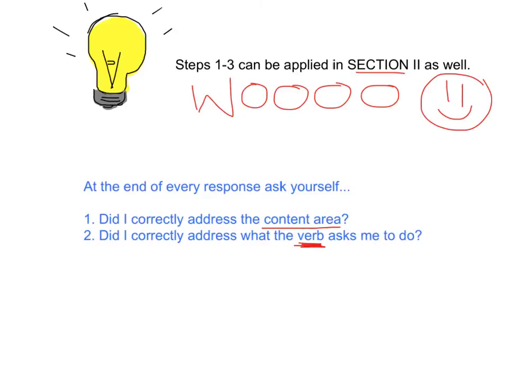Did I address it, or did I go off into another frame that is not particularly relevant to what the question is asking? And secondly, did I address what the verb asked me to do? Did I actually discuss, in that I provided points for and or against my argument that the artists are or are not social motivators through the artworks they create? Don't be afraid to reflect, and try and manage your time in a way that gives you the opportunity to do this.